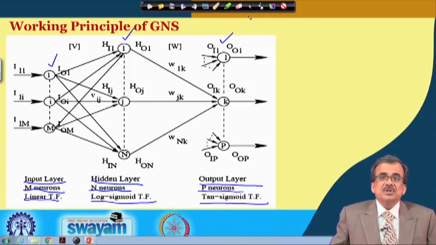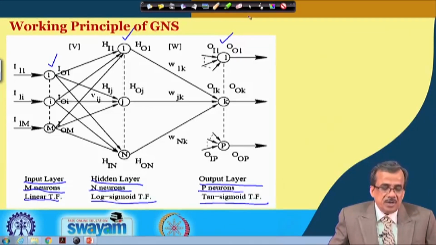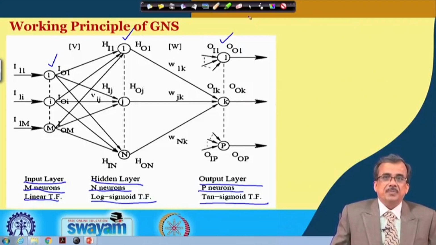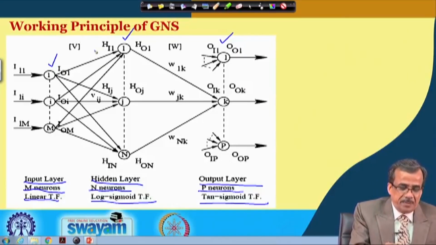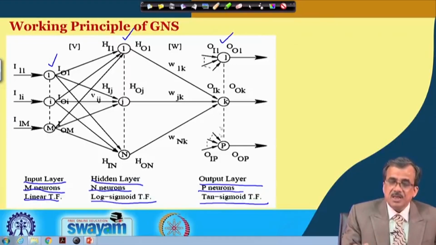Now, this particular optimal network we want to evolve with the help of a genetic algorithm. So, all the design parameters, like the connecting weights between the input layer and the hidden layer and the connecting weights between the hidden layer and the output layer, we will have to optimize.